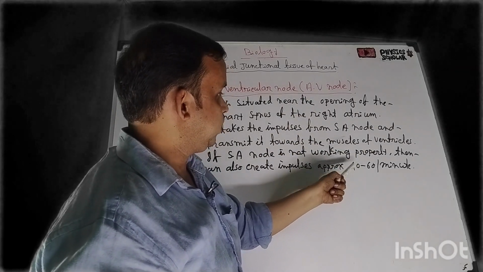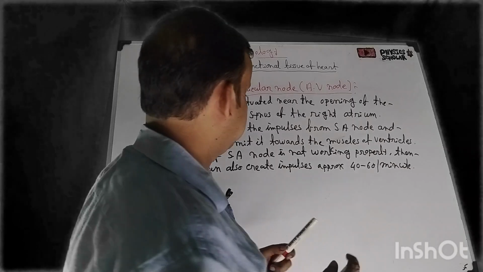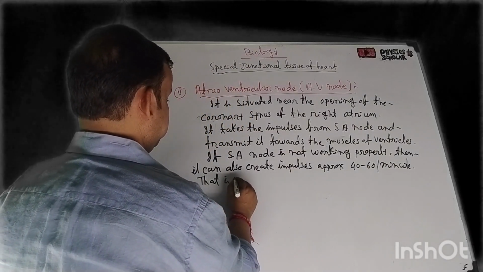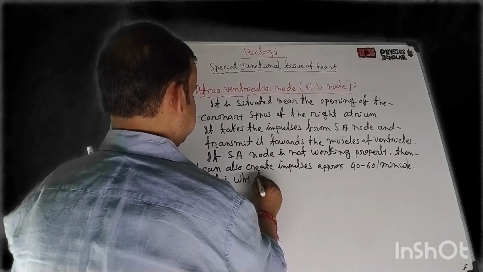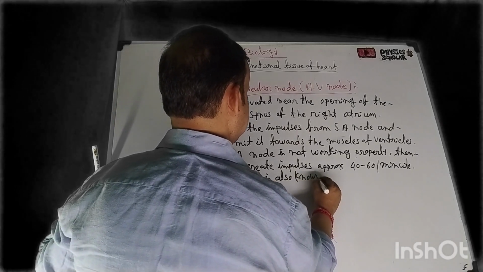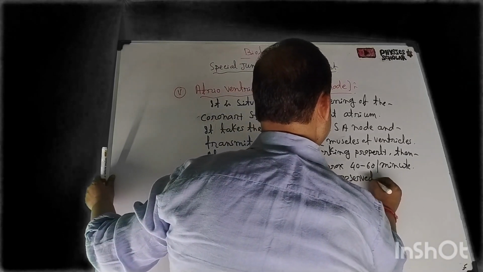That is why the AV node is also known as the reserve pacemaker.